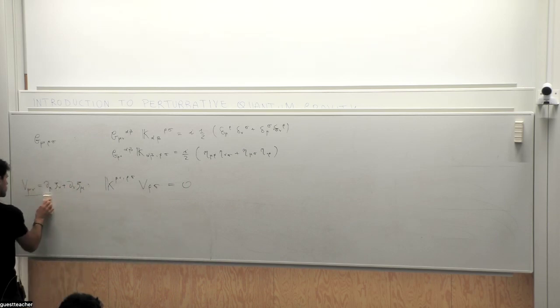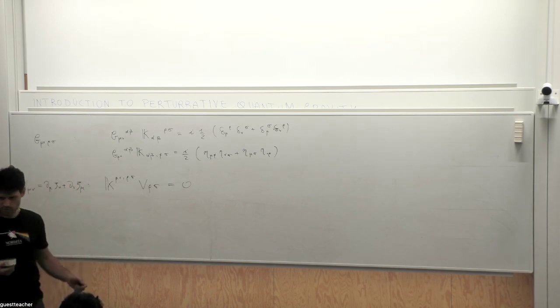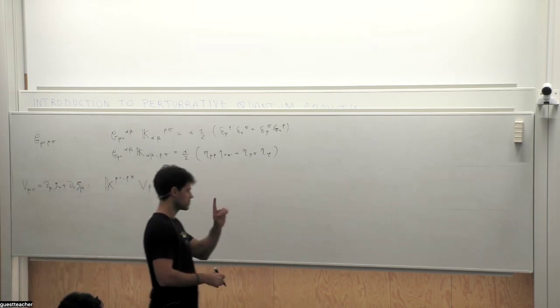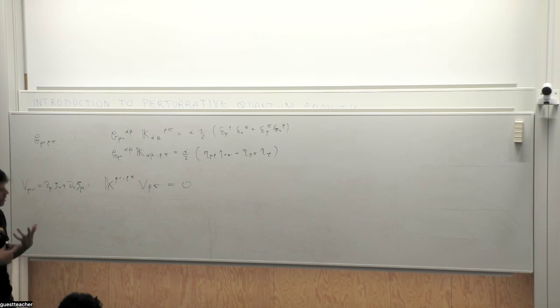And as I said, in principle, there are infinite types of gauge fixing you can have. Let's start with the most standard one, which is the de Donder gauge fixing.